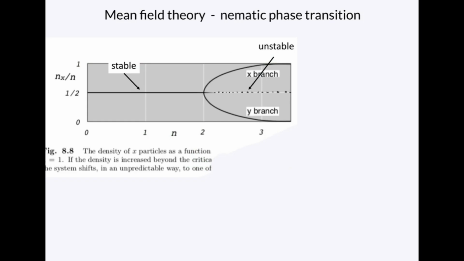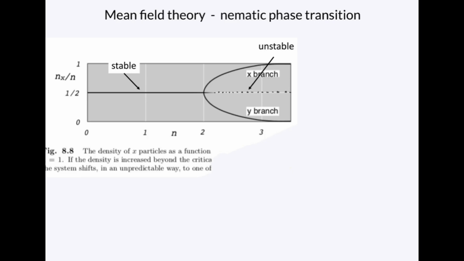We see for very low density, gamma is 0, or the number of x particles is equal to the number of y particles. Yet increasing the density to L squared times n over 2 larger than 1, meaning for larger than half filling, we see the two other branches coming up. Either particles align into the x direction or particles align in the y direction.